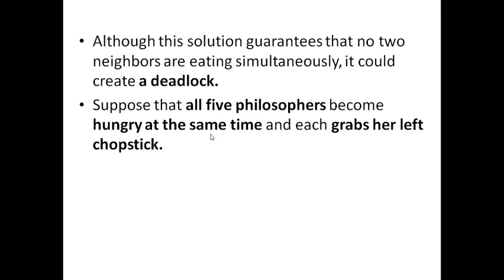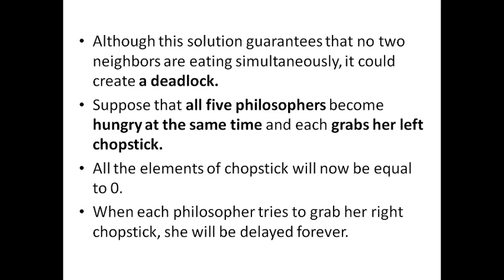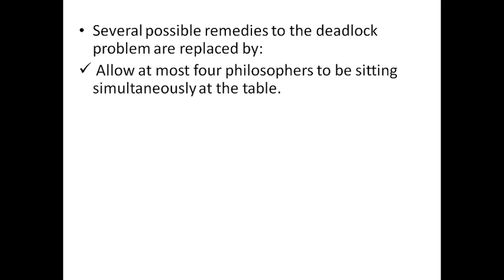So we know when deadlock could happen: if all 5 philosophers become hungry at the same time and each grabs her left fork without getting the right fork. This is the problem we are facing, and we have a number of solutions suggested. One is to allow at most 4 philosophers to be sitting simultaneously at the table. That means you don't bring 5 philosophers to the table.